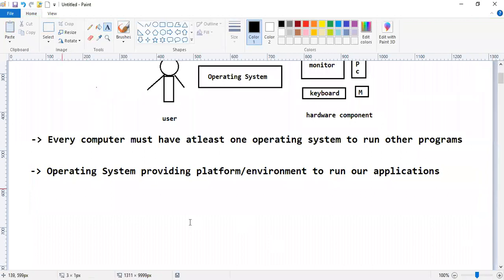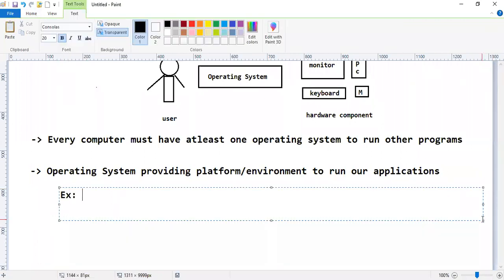What applications are we going to run in our operating system? For example, we are running browsers. People are using multiple browsers on their machines: Internet Explorer, Firefox, Google Chrome, like that. The IE browser is available, and Microsoft Edge is available. A browser is one application which runs on the operating system.